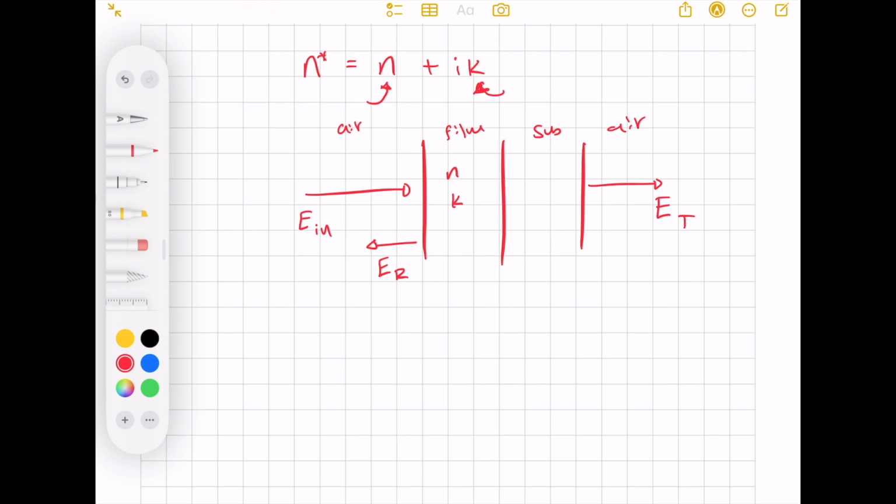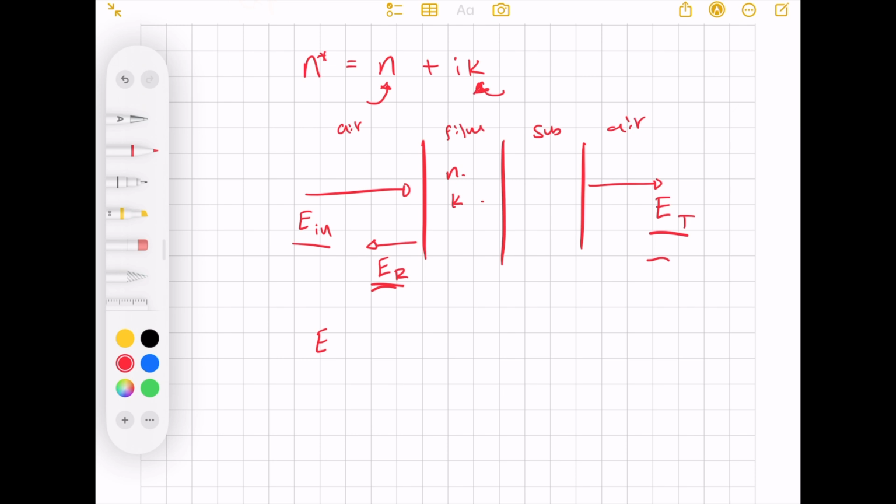So we determine what the reflected and transmitted light are through experiment of the system, and then we use that to determine N and K. How do we do that? The transfer matrix approach that we're going to be discussing in a second tells us the relationship between the incident light and the transmitted and reflected light. So that's the whole goal of the transfer matrix approach.